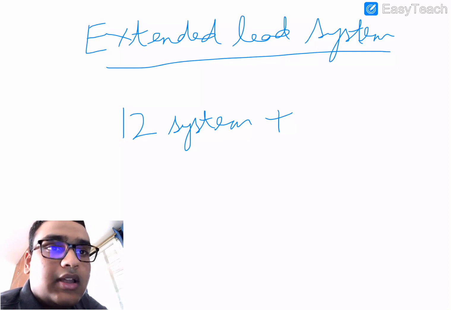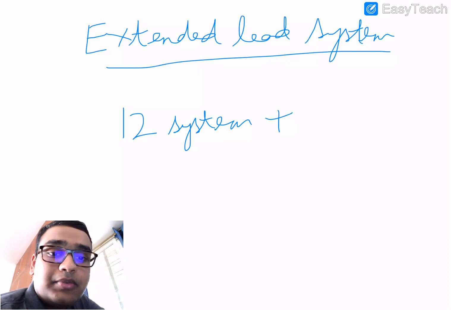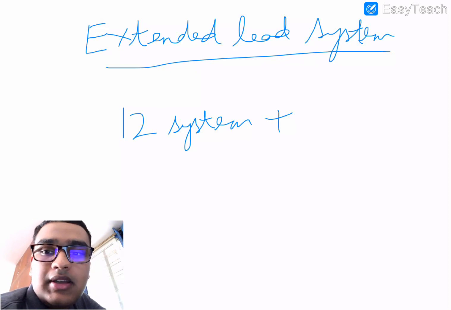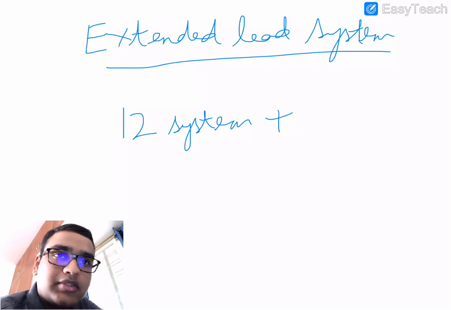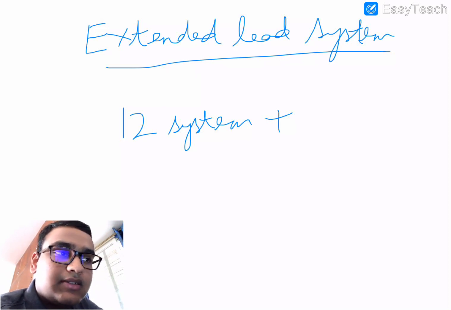For example, the left posterior part of the left ventricle usually cannot be made out using the normal 12 lead system. So we can place certain leads, which are V7, V8, V9, along the left posterior torso. And for the right ventricle we can place the right precordial leads and assess that.